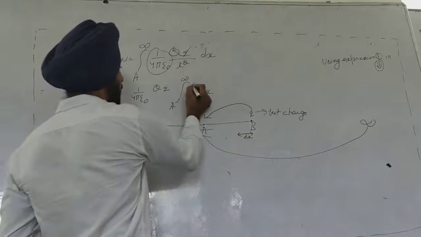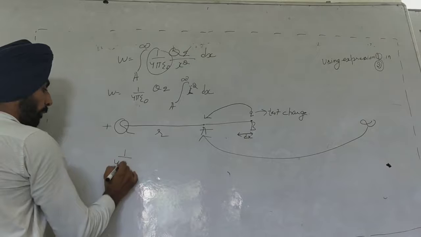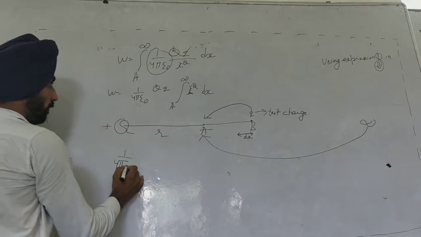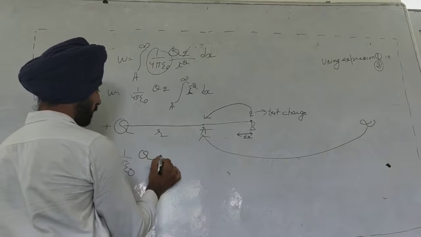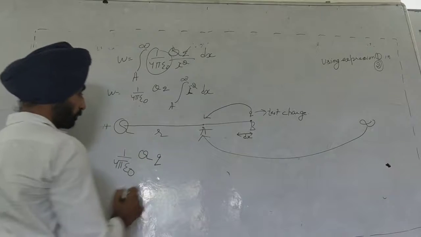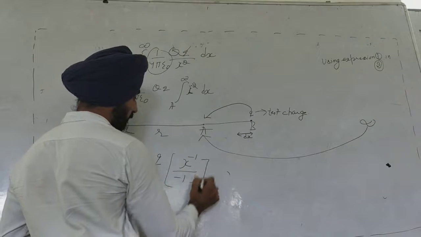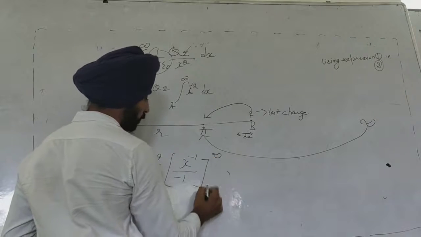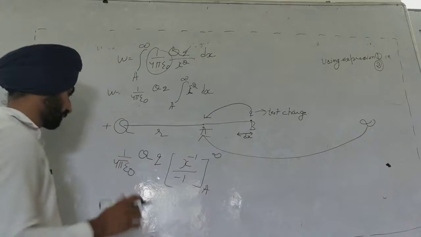It's plus 2 now, here it will be minus. Do the integration: 1 upon 4 pi epsilon naught q, x to the power minus 1, infinity to a. You know how to do the integration because we have learned this concept in mathematics.